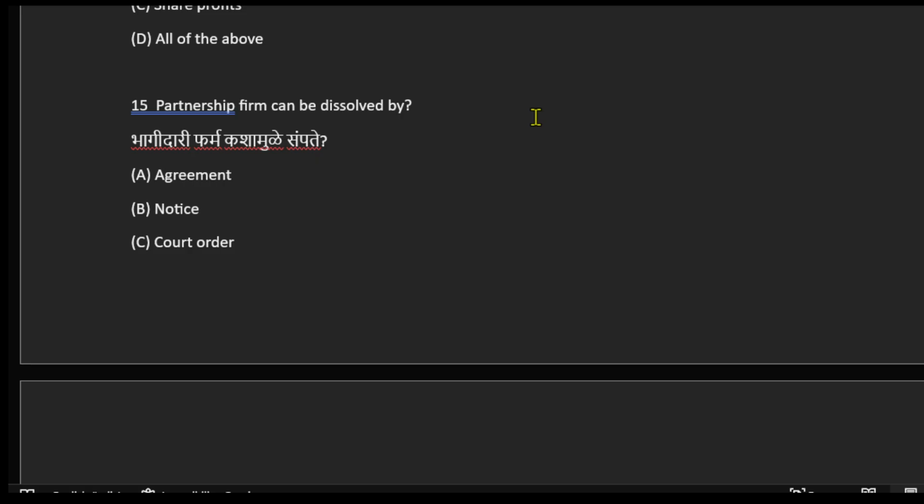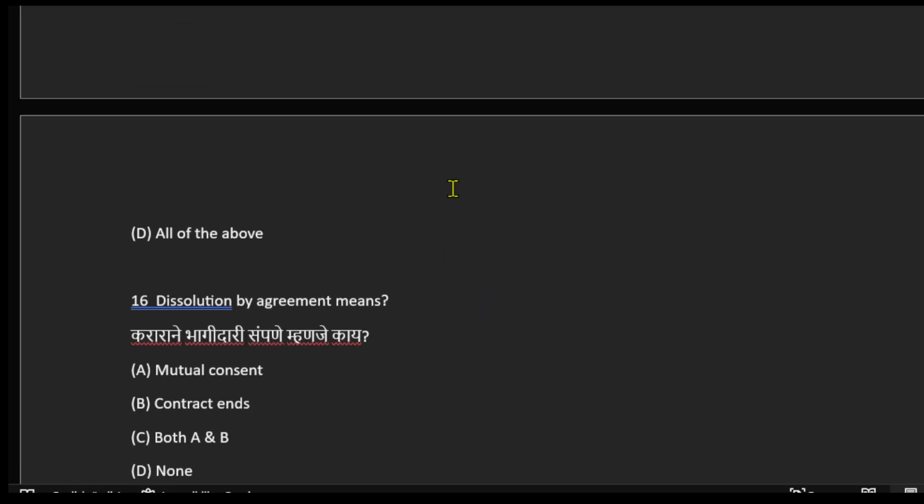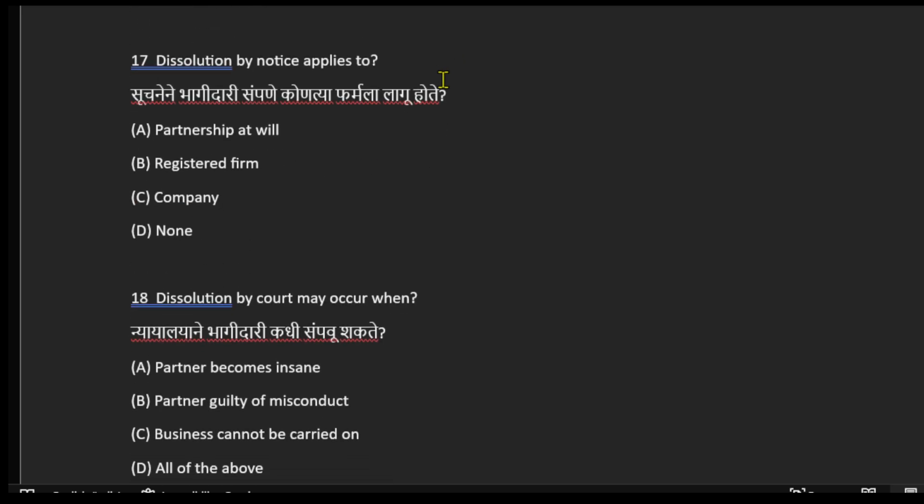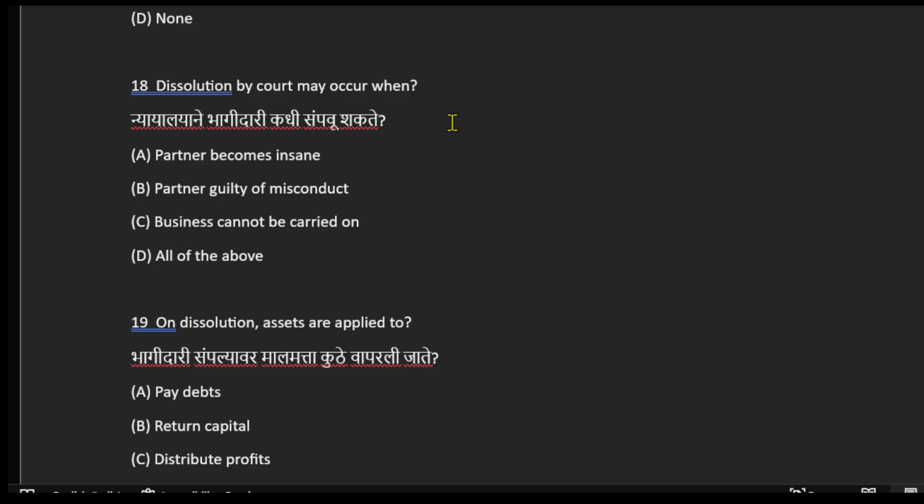15. Partnership firm can be dissolved by no court order. 16. Dissolution by agreement means mutual consent. 17. Dissolution by notice applied to registered firm. 18.